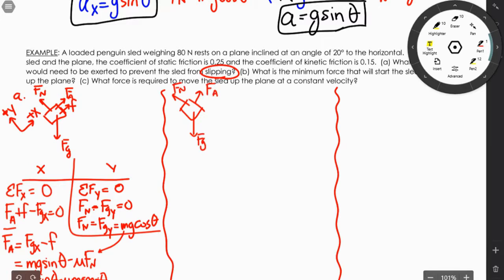Now we want our motion to go up the incline, which means now our friction is going to go down the incline. That's the difference between A and B. In fact, it's the same free body diagram for C. The only difference is we change our subscript. B will be static, C will be kinetic.